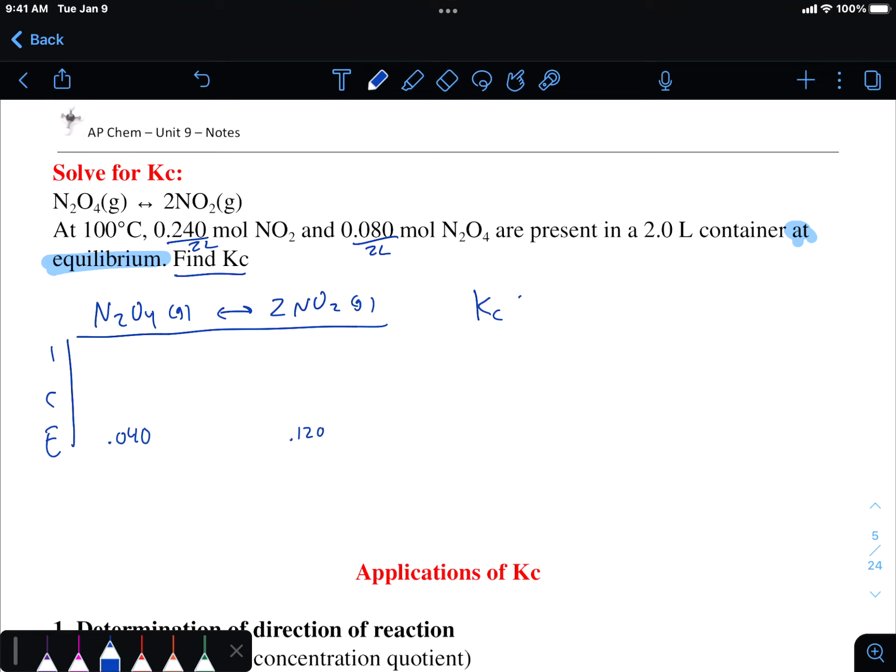So Kc would be the concentration of NO2 at equilibrium squared over the concentration of N2O4 at equilibrium, which we have. So square that and solve.